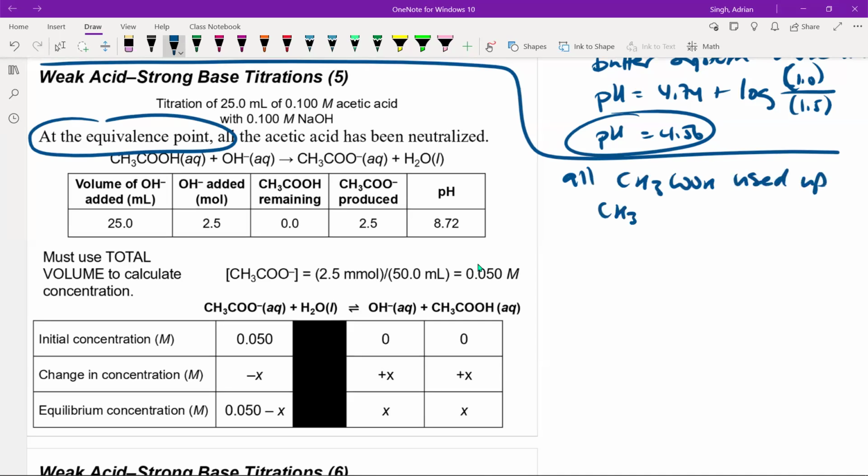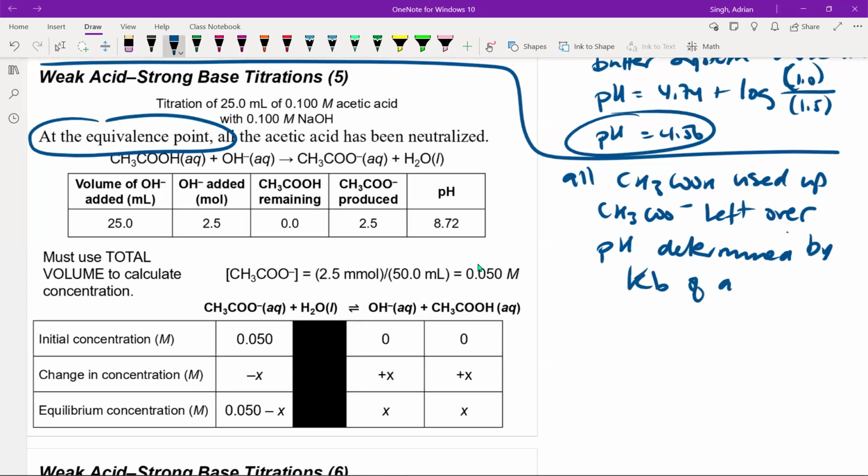And we'll have some of the acetate ion left over. So the pH then will be determined by the Kb of the acetate ion, which is the base ionization constant of the acetate ion, which is the CH3COO minus.